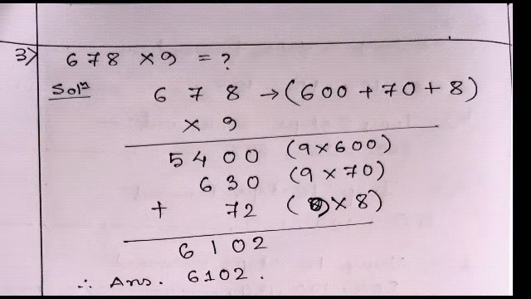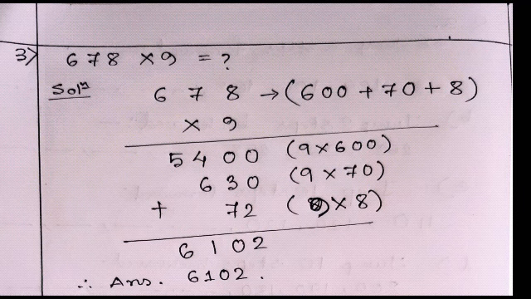Now let us discuss our third question. What was the third question? The third question was multiply 678 by 9. So here also we have to use the expanded form multiplication as per the instruction. 678, first of all you have to expand it. See, I have expanded 600 plus 70 plus 8.